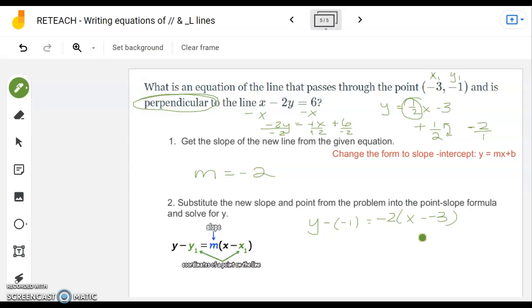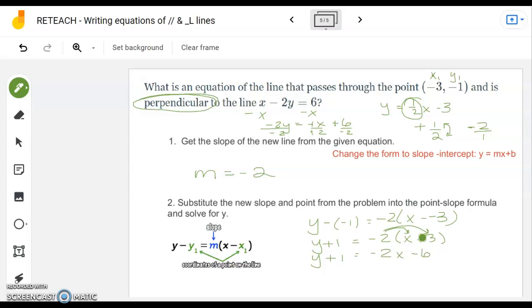Okay, I do have some double negatives that need to be cleaned up, so it's going to be y plus 1 equals -2 times x plus 3. Then I need to distribute that -2, so everybody gets multiplied by -2. So we get y plus 1 equals -2x minus 6.